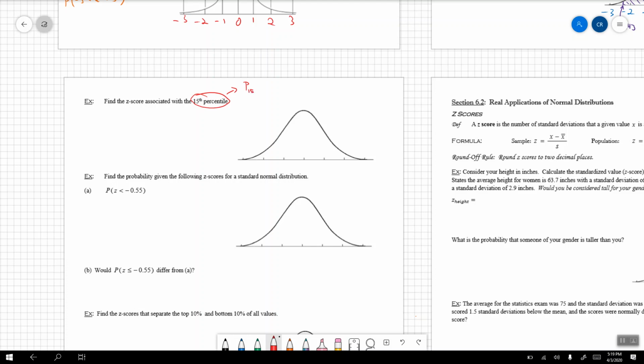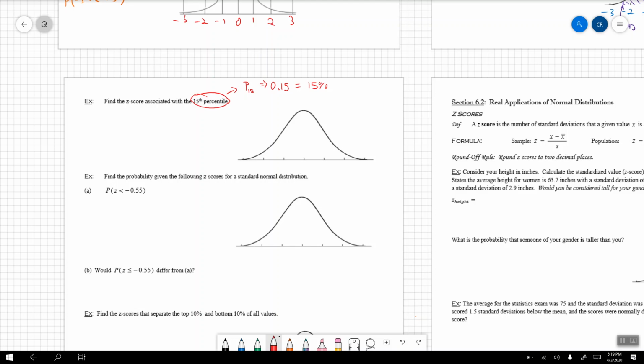That was p sub 15. And what this means is that if we're looking at the 15th percentile, then this is really just 0.15 or 15%. All right. So 15th percentile, 15%, which means 0.15.